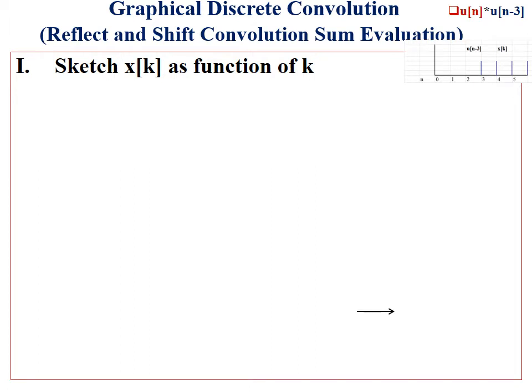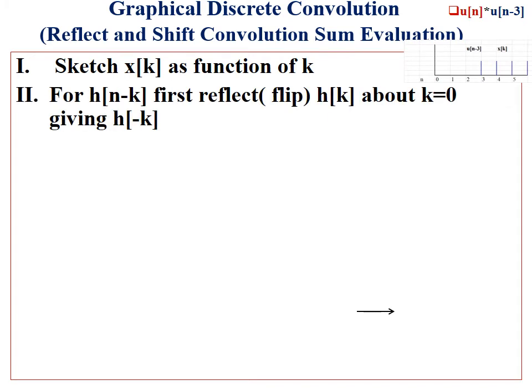The first step is to sketch x of k as a function of k. Considering the example of u of n convolute u of n minus 3, u of n minus 3 is chosen as x of k, and it is sketched here. Starting from 3, we have it as u of n. So this is our x of k.